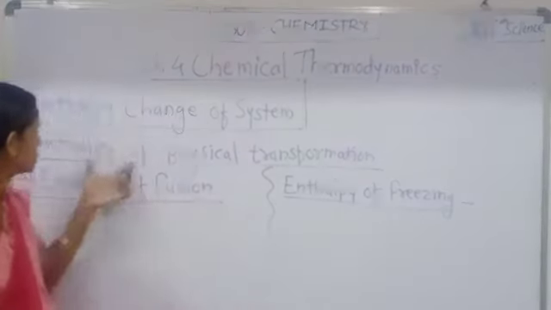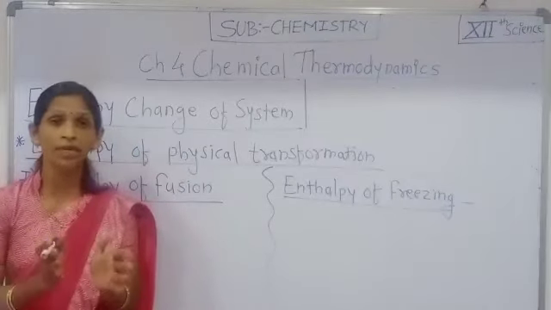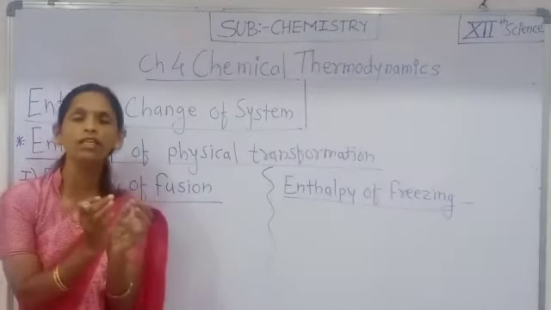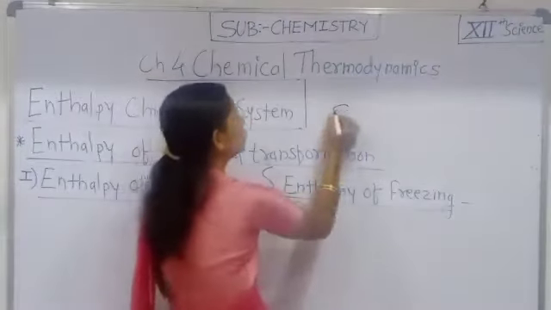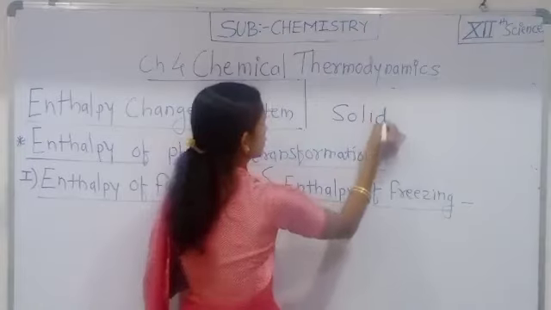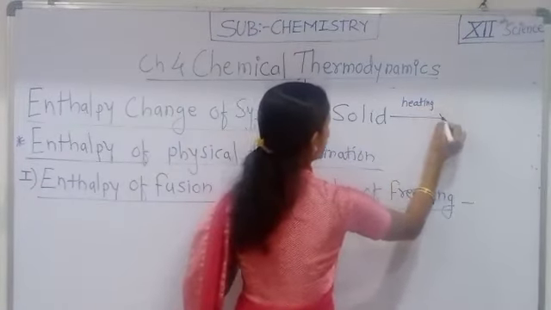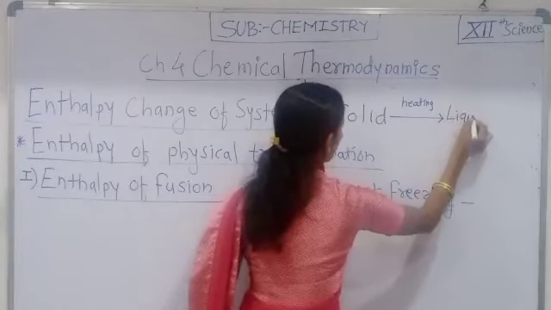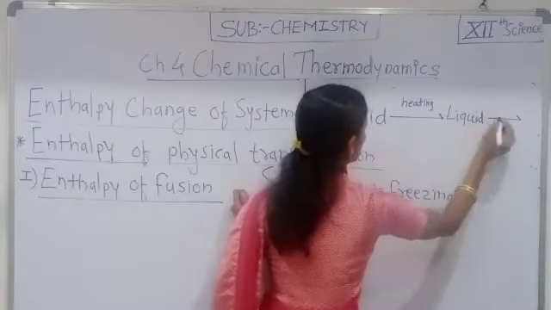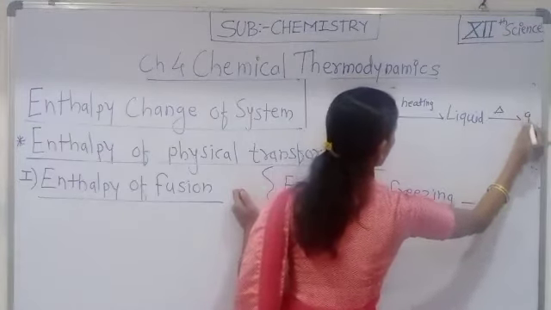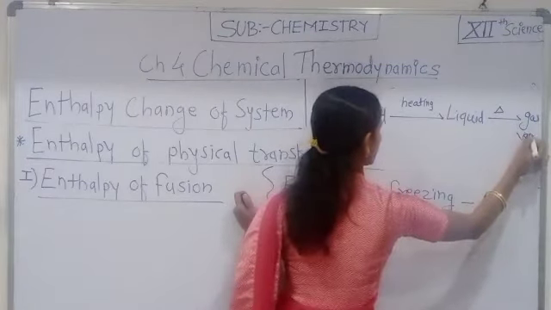Physical transformation means there is a change in the state of the substance. A solid substance, when heated, can be converted into the liquid state, and a liquid, when heated, is converted into the gaseous or vapor state.